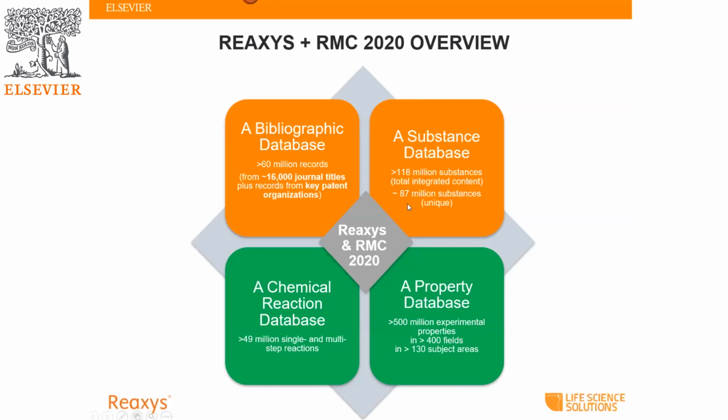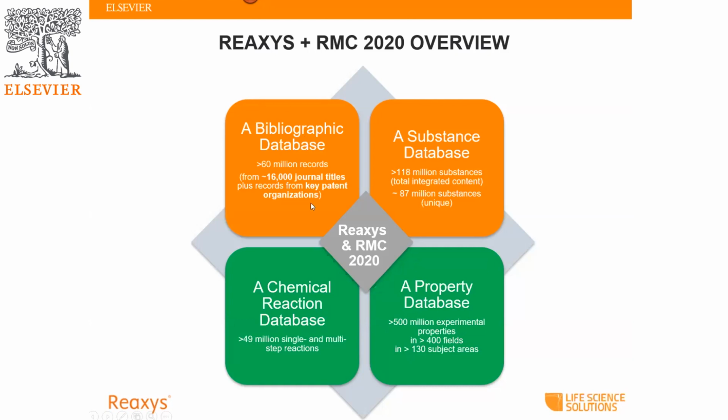All this information is available in the chemical database from Elsevier, which is called Reaxys. Internally, Reaxys contains several databases, and this is one of the reasons why we conduct such webinars: to introduce you to how to use Reaxys and what options are available in Reaxys to improve your research.